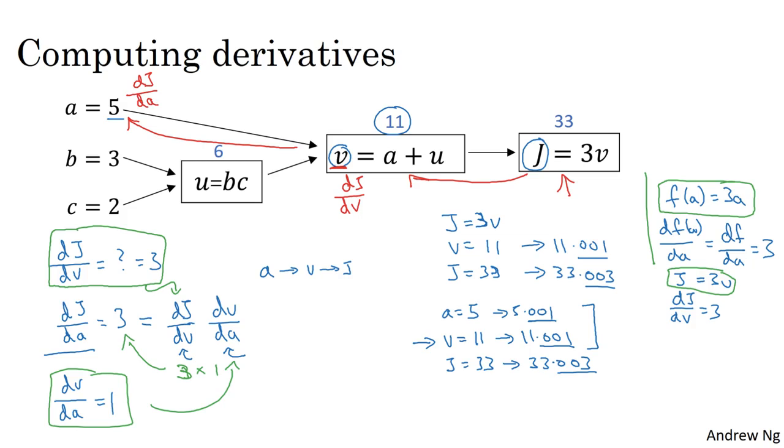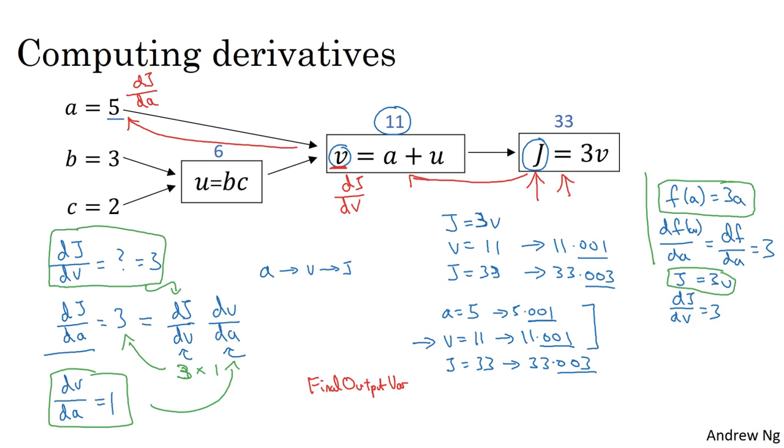I just want to introduce one more new notational convention, which is that when you're writing code to implement backpropagation, there'll usually be some final output variable that you really care about, or that you want to optimize. In this case, this final output variable, j, is really the last node in your computation graph.